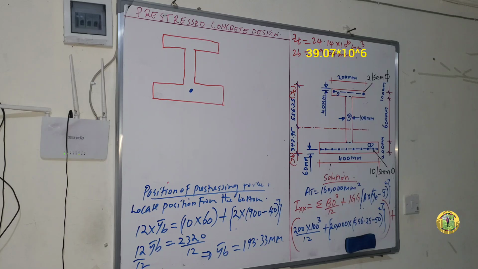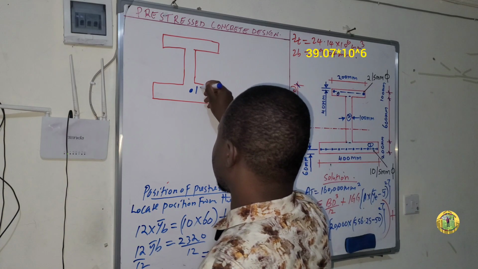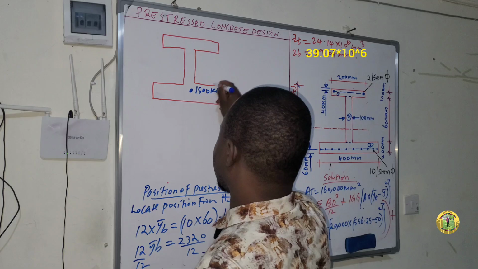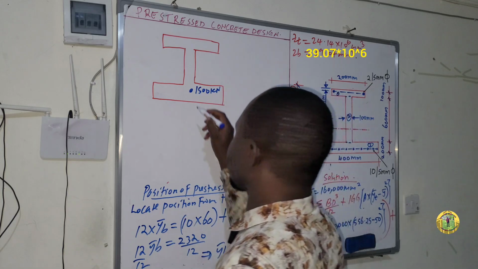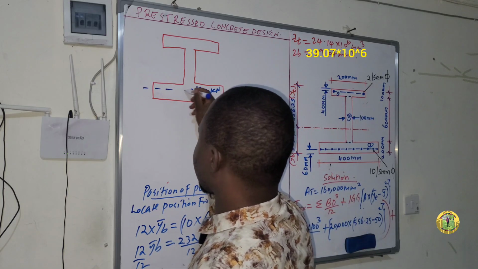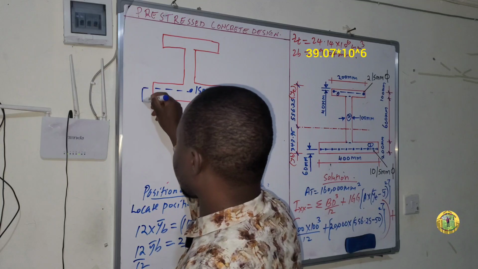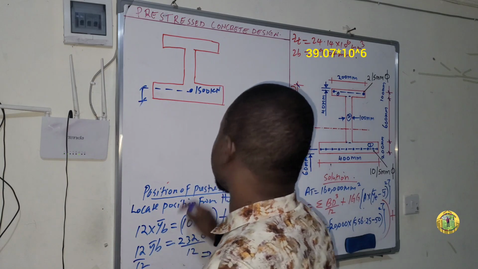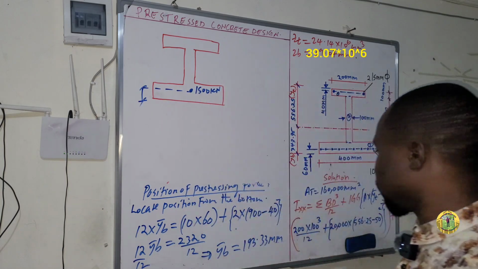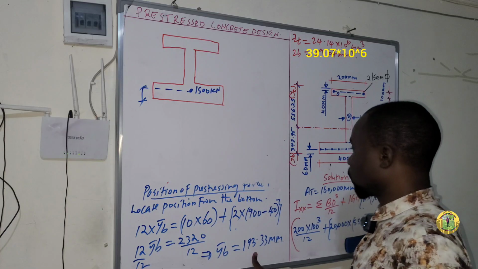Is 1500 kilonewton. So from the bottom, to where this prestressing force is 193.33.